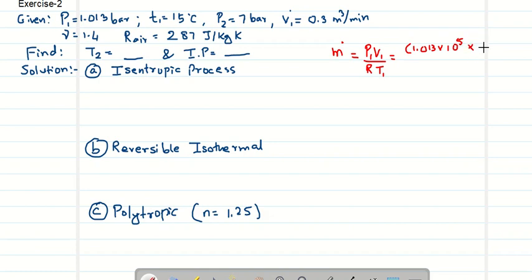Volumetric flow rate is 0.3, divided by R value 287, it is in joule, multiply by temperature 273 plus 15 degrees. I am changing it into Kelvin. So mass flow rate, I will get 0.368 kilogram per minute.